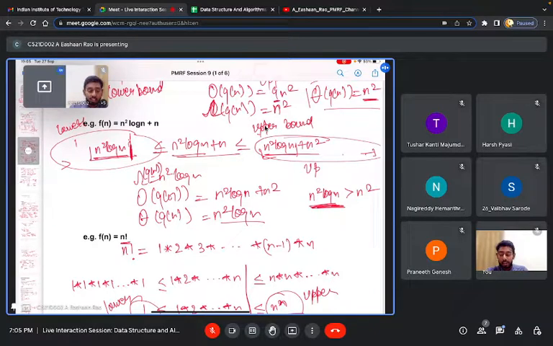I think we have crossed the time limit here, but this is the summarization of time complexity. For any algorithm, first you try to identify the approximate time in terms of a function, and we have seen a big range of functions from constant time to n raised to n time.